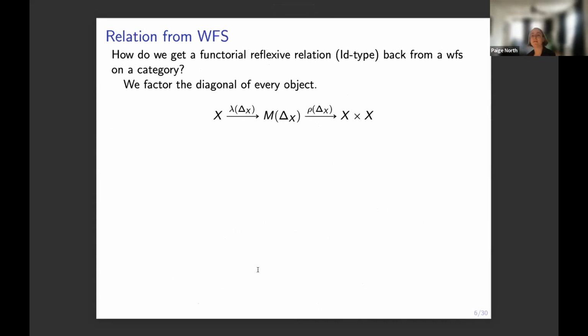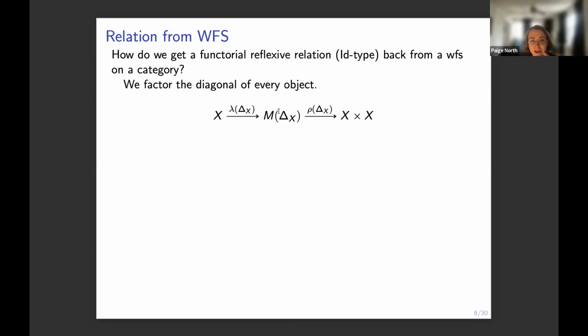Okay, now we can also go in the other direction. If we are starting with a weak factorization system on a category, we can construct a relation, the path object or the identity type in the category. So how do we do that? Well, for any object X, we just take the diagonal map, the canonical map from X to X times X. And then since we have a weak factorization system, we just factor it.